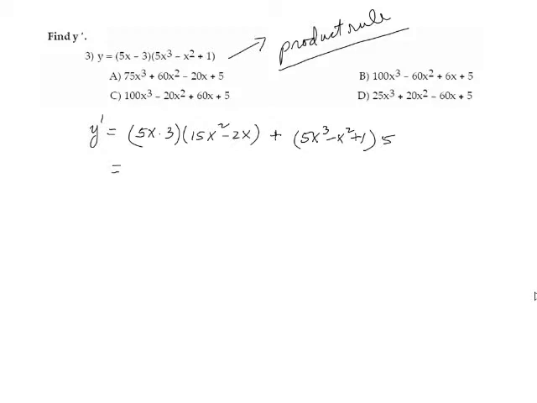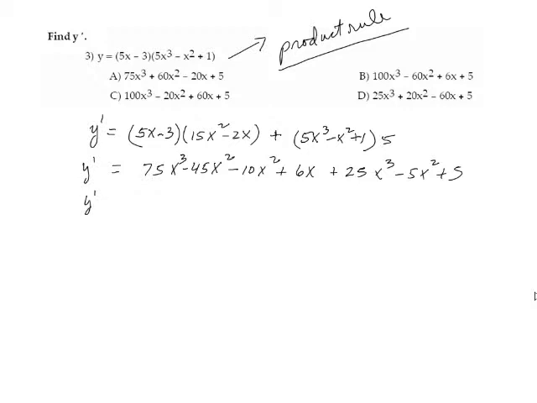After you multiply this out by foiling it, you get 75x cubed minus 45x squared minus 10x squared plus 6x plus 25x cubed minus 5x squared plus 5.